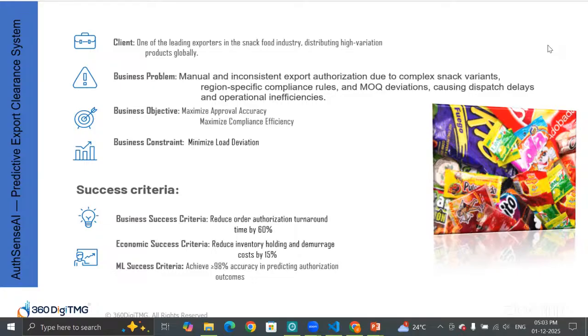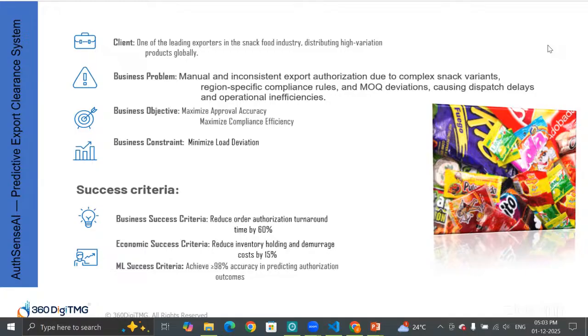Now, why is this challenge appearing? Each country has different compliance rules. Each product has different packet sizes, weights, and ingredients. Approvals depend on MOQ deviations, lead times, customer history, and product type. Manual checking caused delays, inconsistencies, and errors as well.